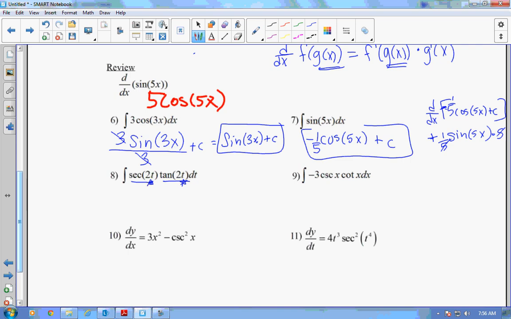Yeah, because when you take the derivative of secant, you get secant tangent. So when we integrate secant tangent, we're going to get secant. And since the parts match, it's secant of 2t, again divided by 2, which is just 1/2, plus c.